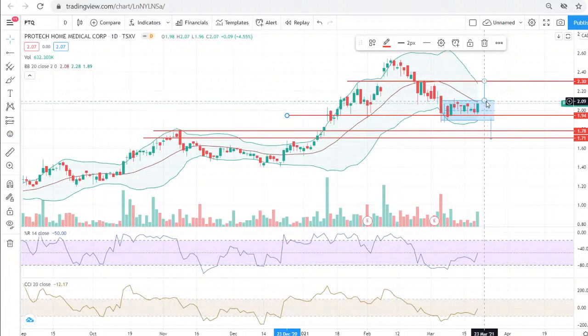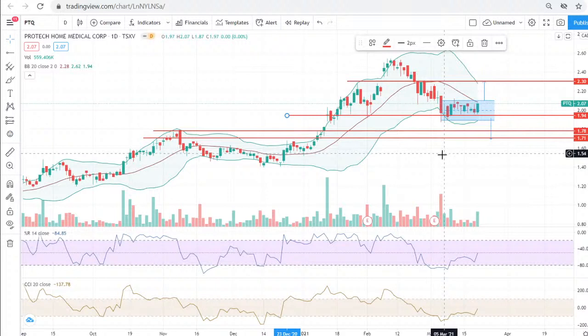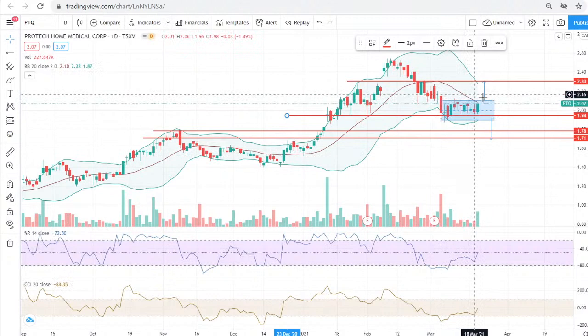So always wait for 1 day confirmation. Sometimes it also happens that you note it was a breakout, but then the next day it fell back again. That is normally considered in technical terms a false breakout. So the recommended approach is to wait for 1 day of confirmation, and after that you can take an entry on that.